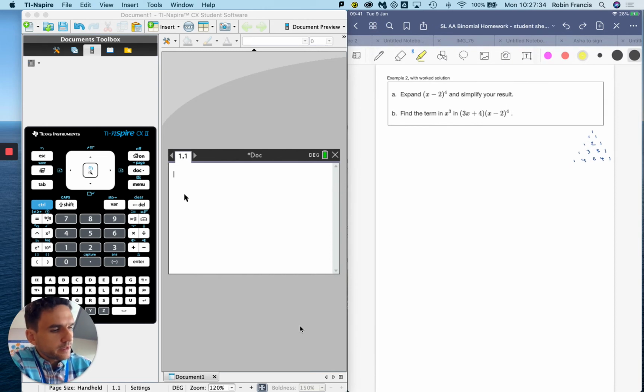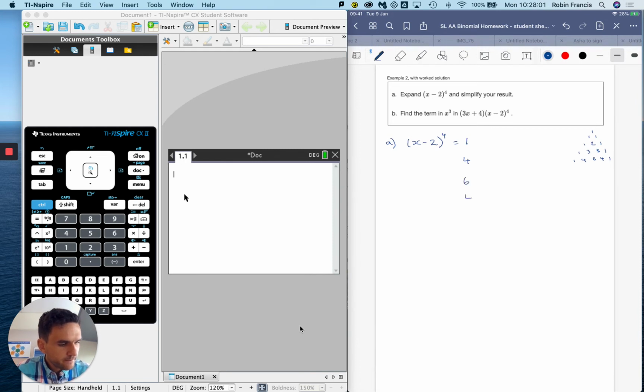So what I'm going to look at here is then doing my expansion of part A, of x minus 2 to the power of 4. Okay, so that equals Pascal's triangle. I tend to write down 1, 4, 6, 4, 1, and then I've got an x in the first term which has to be to the power of 4.